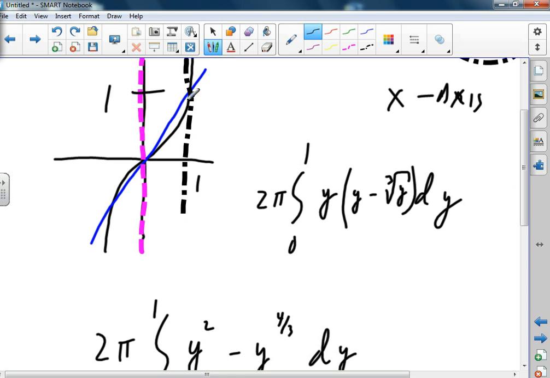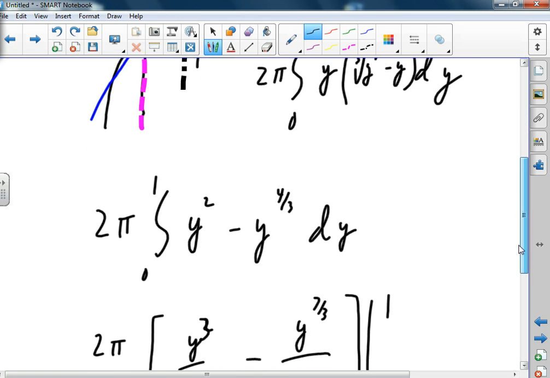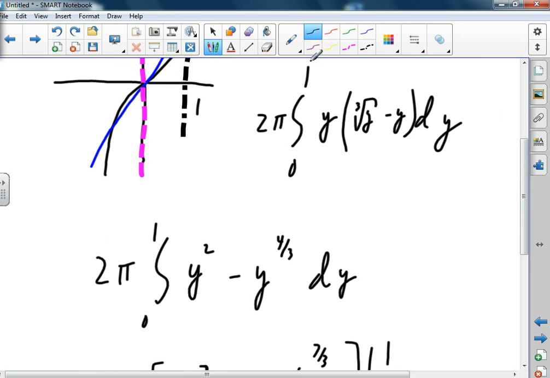Oh, wait a minute. Yeah, but I'm subtracting the wrong way. That's my problem. This is the cube root of y minus y. So the biggest guy is this guy, and when I take it away, I want a positive number. So we turn each of those guys around.